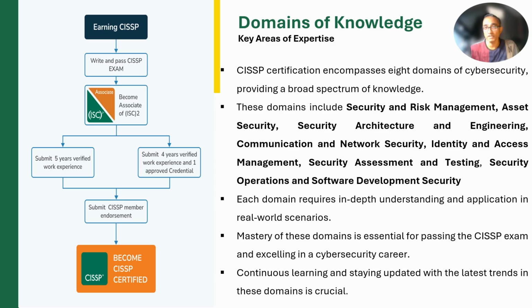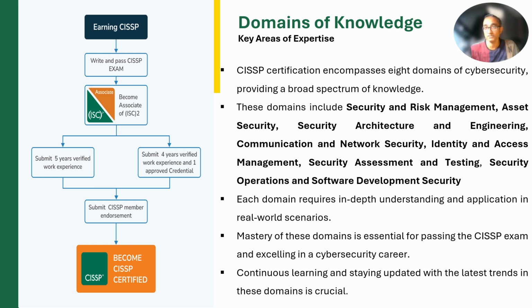CISSP consists of 8 domains, and these are security and risk management, asset security, security architecture and engineering, communication and network security, identity and access management, security assessment and testing, security operations, and software development security.